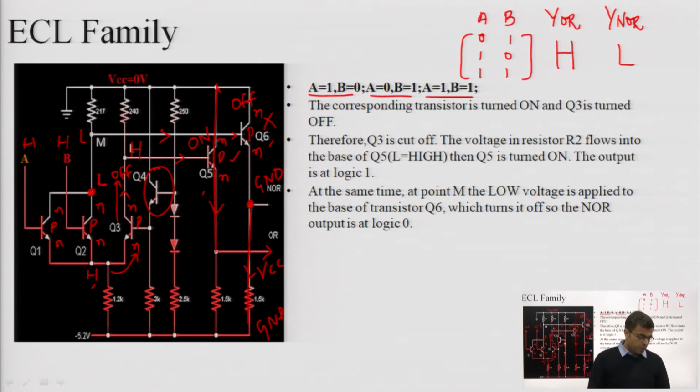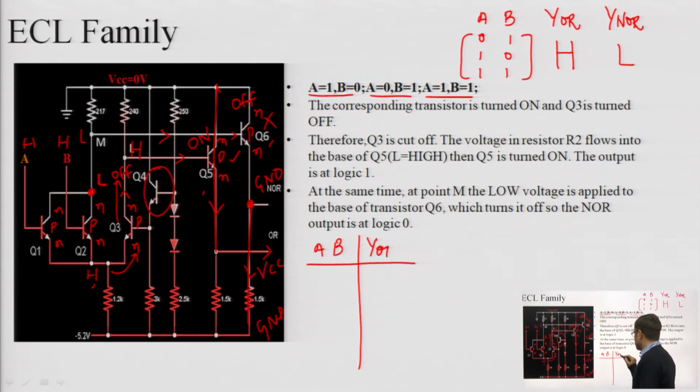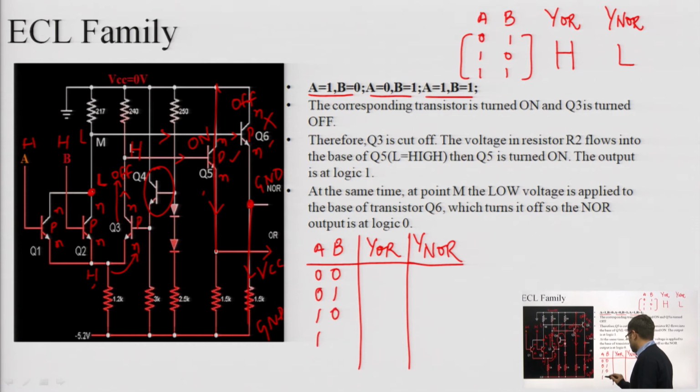And now let us come to the characteristics. So if you want to summarize in the form of a truth table, you can simply mention the basic truth tables as well. Y OR and Y NOR. Okay, 0 0, 0 1, 1 0, 1 1. So OR will be this one and NOR will be this one.